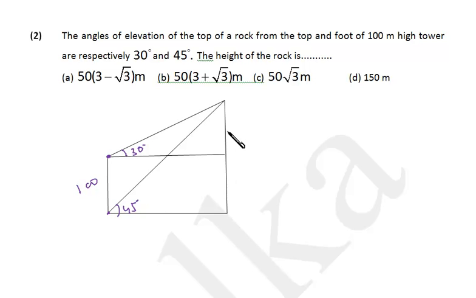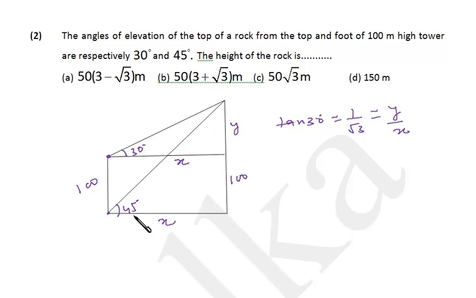Okay, so I assume this to be x, this to be y, and this must be 100, right? So from this triangle, tan 30 is y by x. Tan 30, that's 1 upon root 3, is y by x. And if we take this triangle, then this is also x because this and this is same.